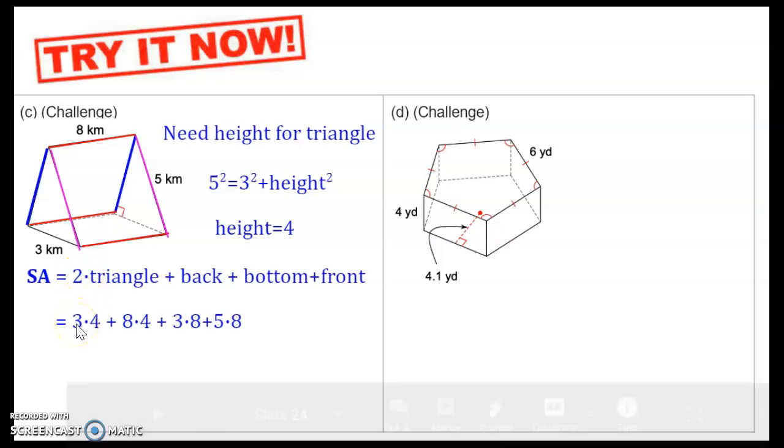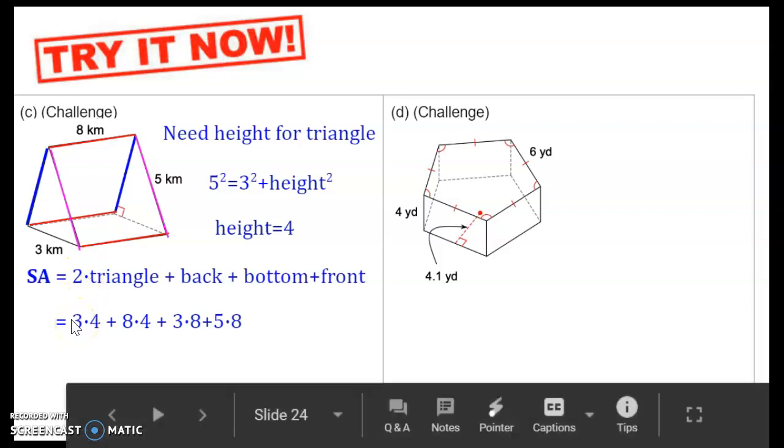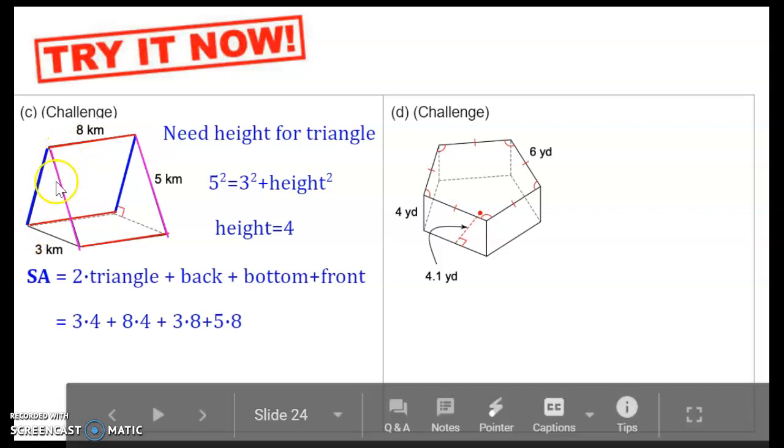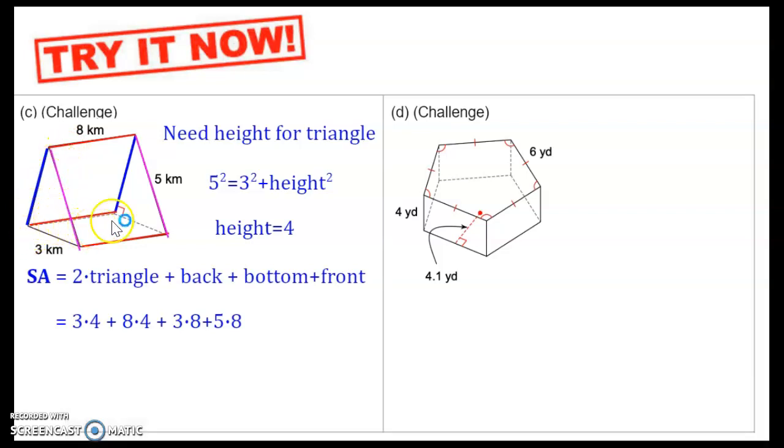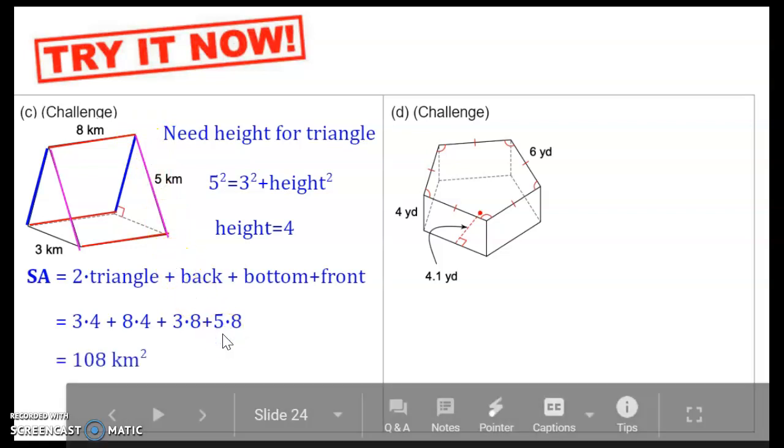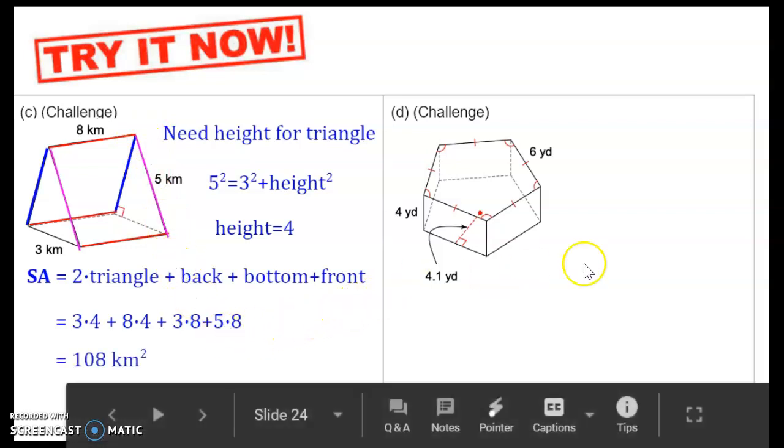That's why we've gotten rid of 2 times half, because they cancel out to 1. The back is going to be 8 by 4, since we figured out this length to be 4, and the bottom is 3 by 8, and then 5 by 8. Add them all up and you get 108 kilometers squared.